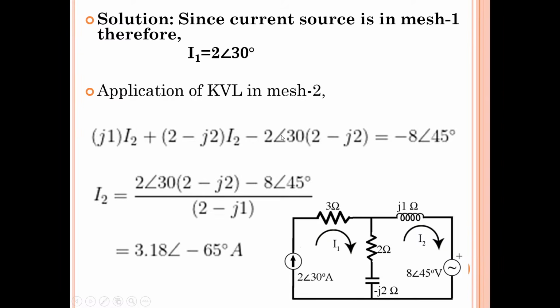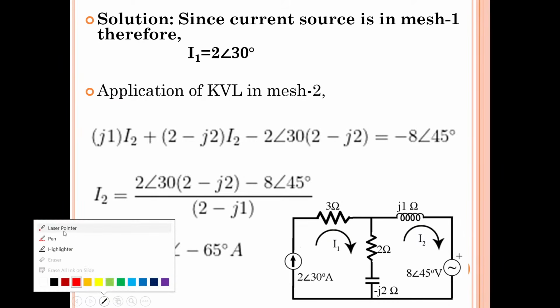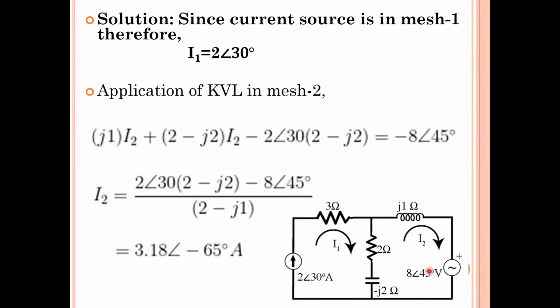So now applying KVL in mesh 2, what are all the elements there? In mesh 2 there is a voltage source, and there is an inductor whose reactance value, units are ohms here, therefore it is the reactance value. Next is the resistance, and there is capacitance.